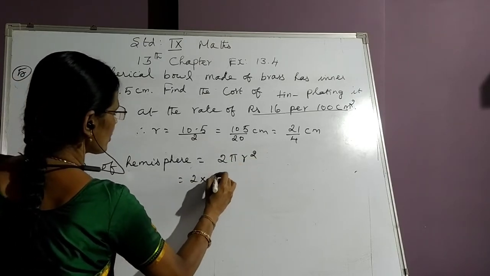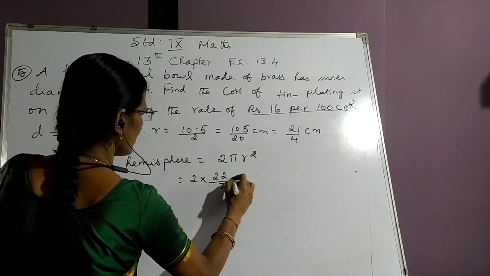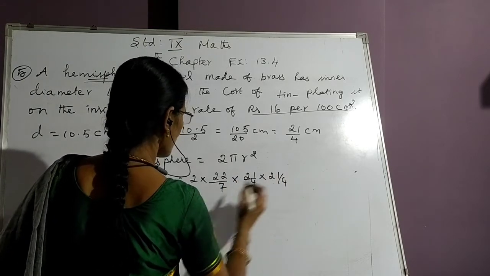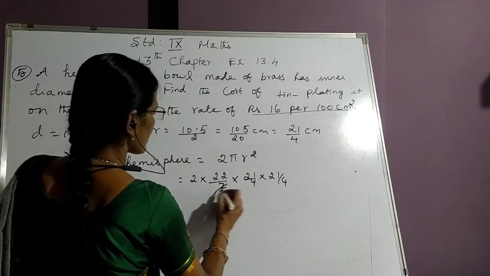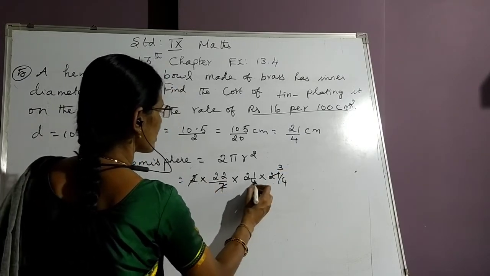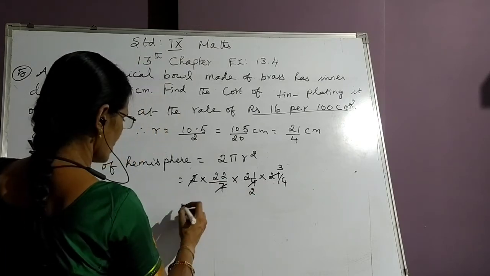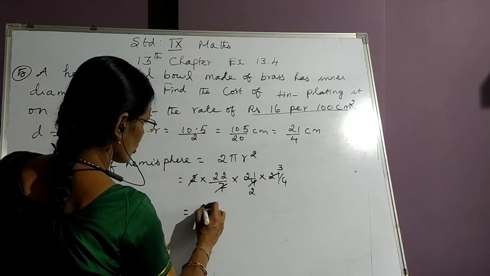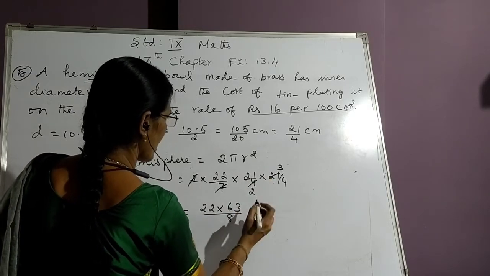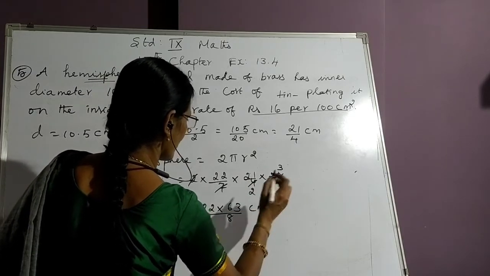It is 22 upon 7. R is 21 upon 4 into 21 upon 4. You can see this 7 gets cancelled here 3 times and here 1, 2 gets cancelled here. So we get here 22 into 63 divided by 8 centimeter square.